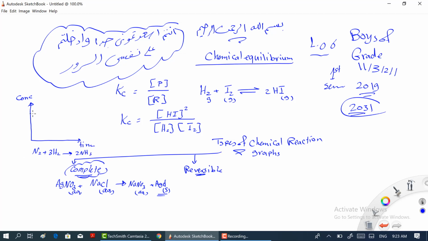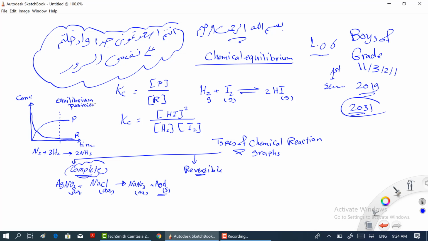In this case, we will find the reactant decreases in concentration till it becomes 0, and the product concentration starts to increase. This is the product and this is the reactant. In one period of time, the graph is represented by a straight line. This straight line is called the equilibrium position.